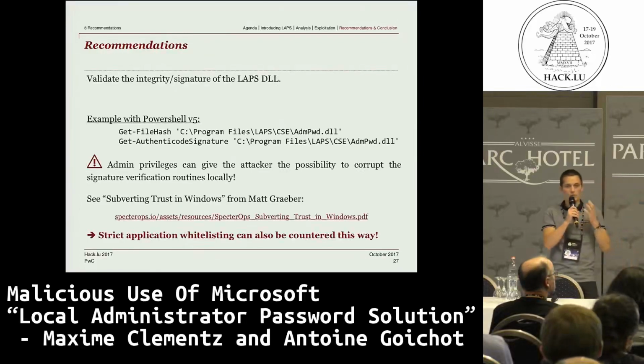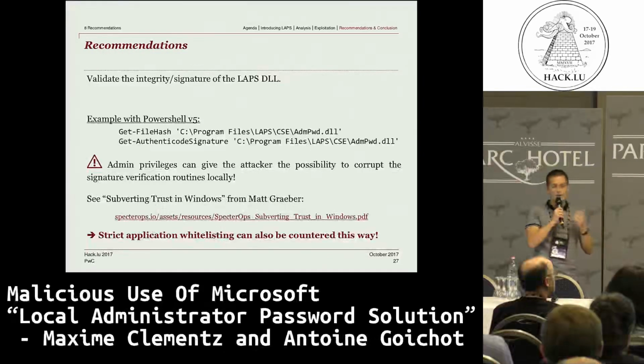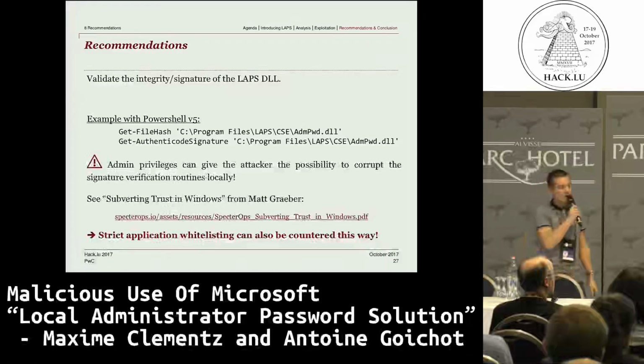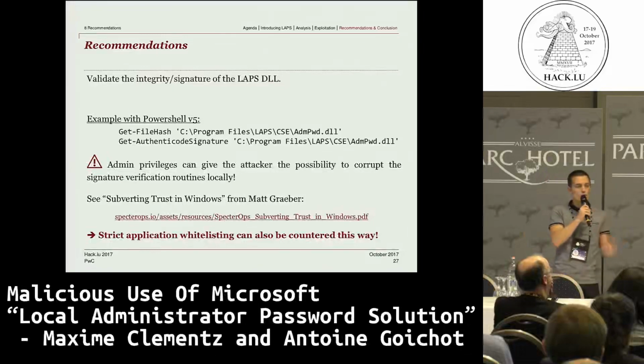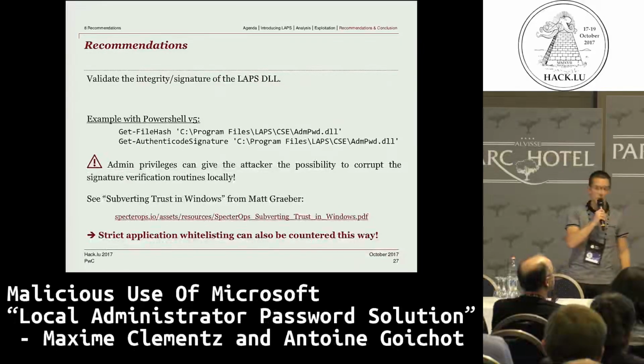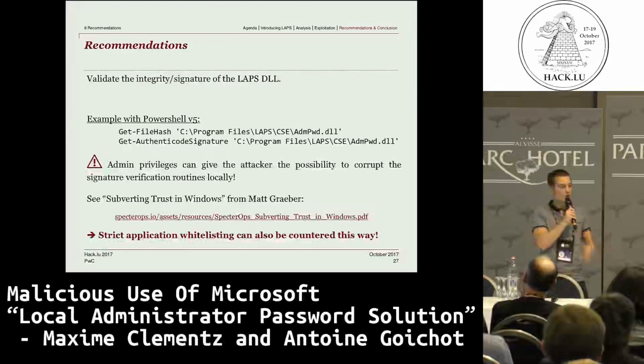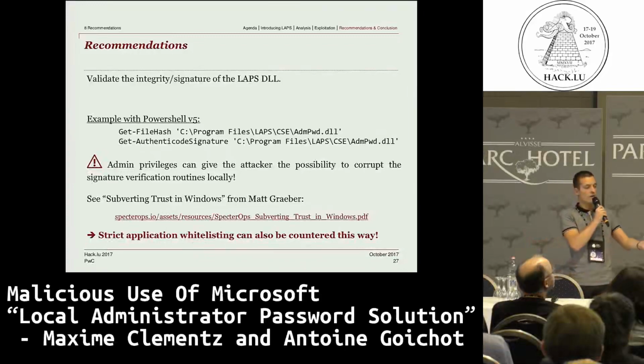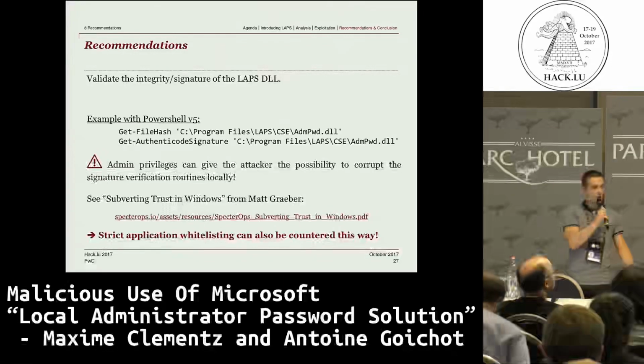So, of course, you understood it. The main problem is that there is no validation of the integrity nor the signature of this DLL. So one way to do that would be, let's say, to use some of the features of PowerShell v5 and just do some calculation with the file hash, and verify the signature correctly.